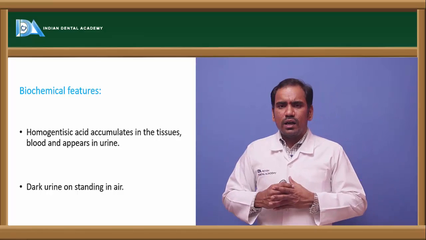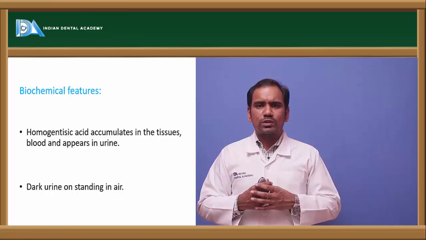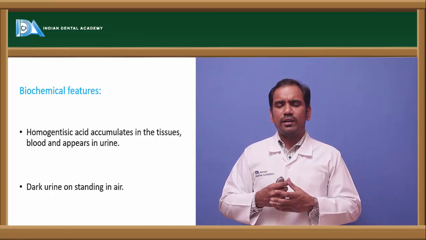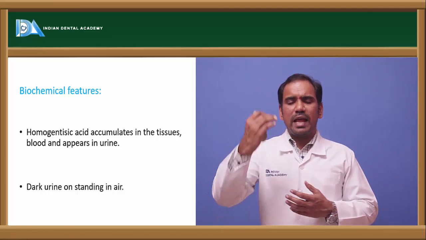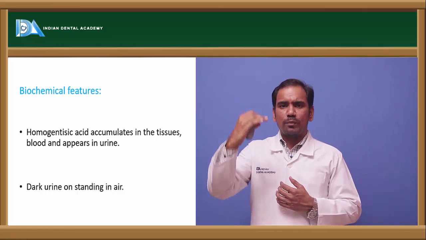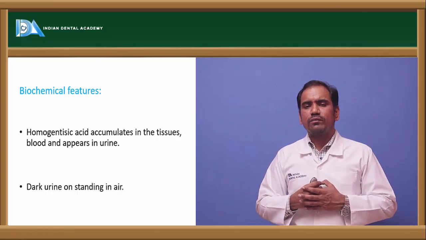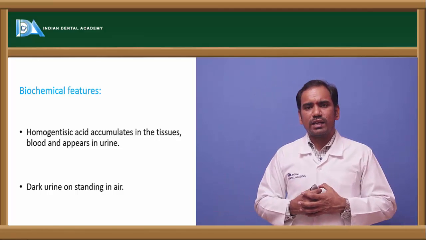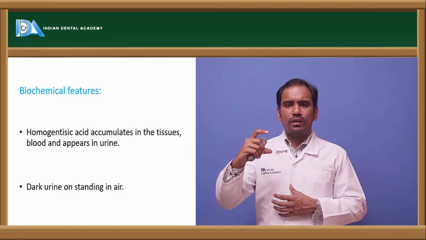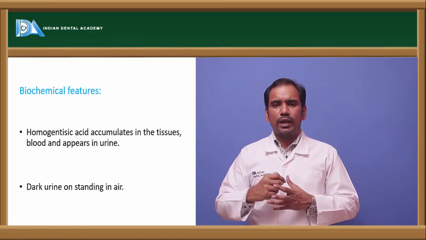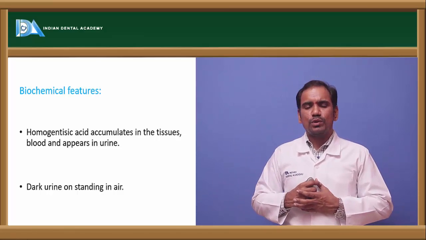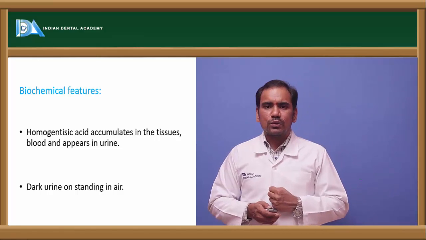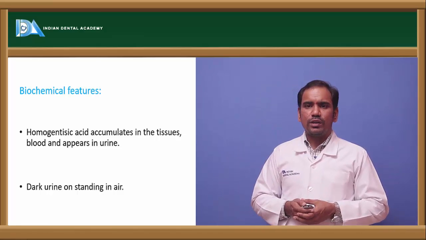When you collect that urine and expose it to air, the blackening of urine occurs from top to bottom because of oxidation of homogentisic acid. So that is the important feature in alkaptonuria. That is how it leads to dark urine on standing.